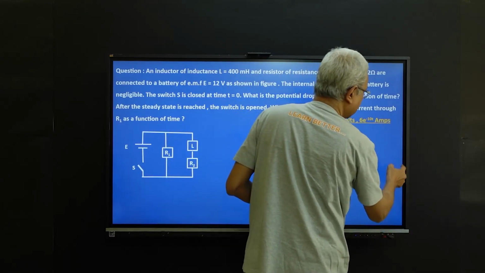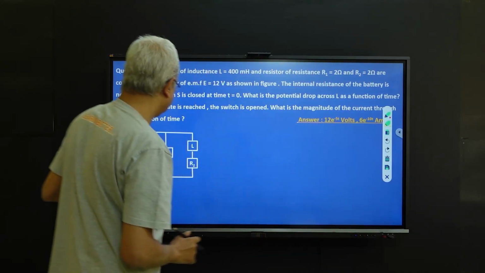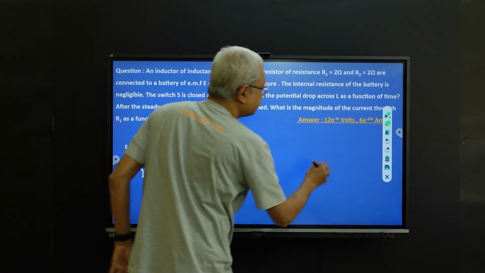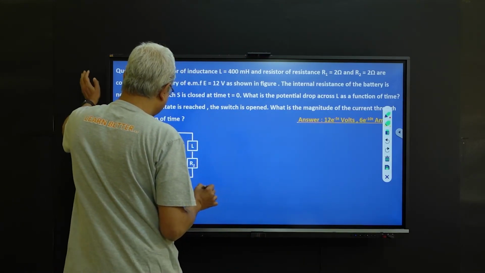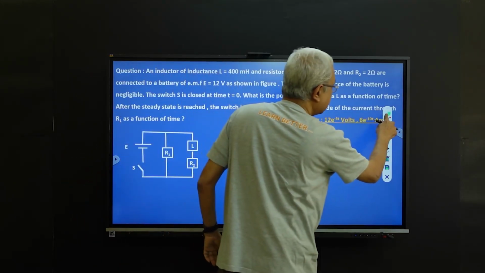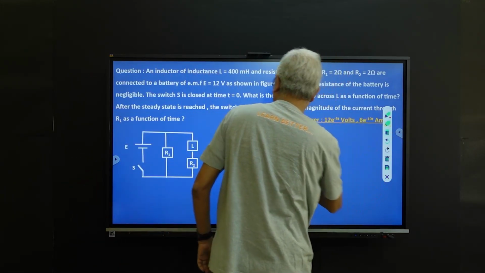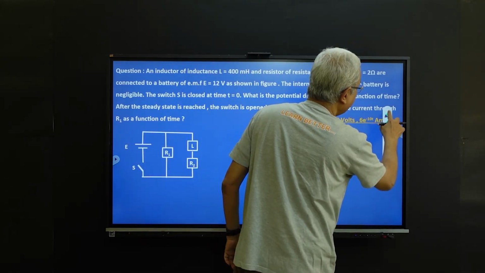Let us redraw the part once again. Now, when steady state is reached, we are just switching off the circuit. That means what is happening?